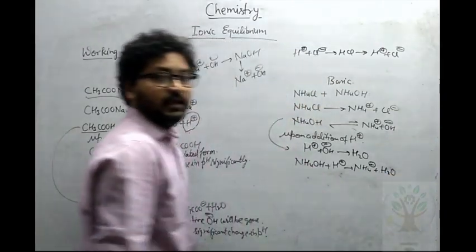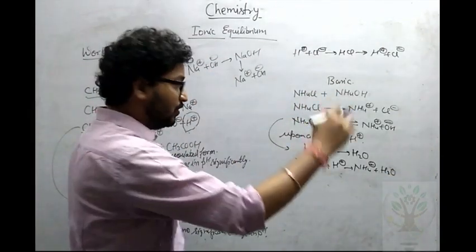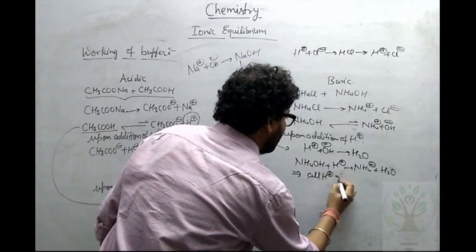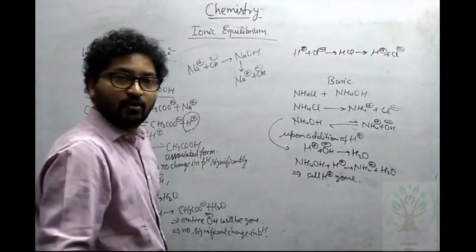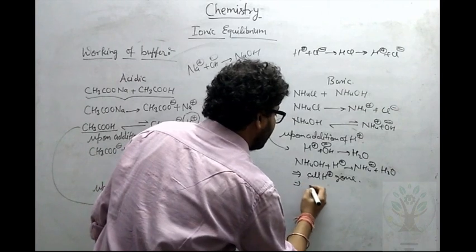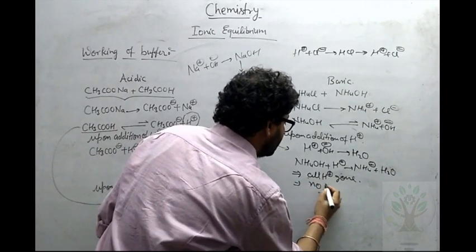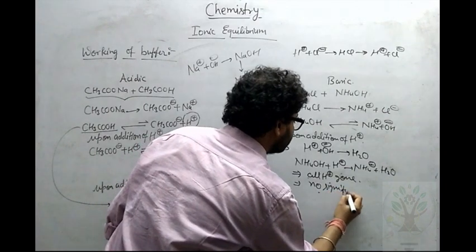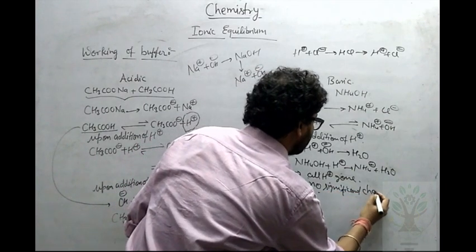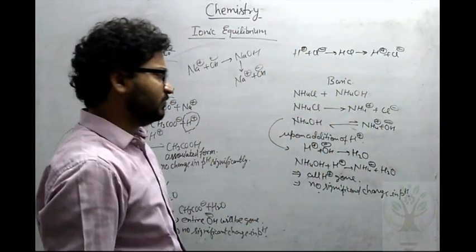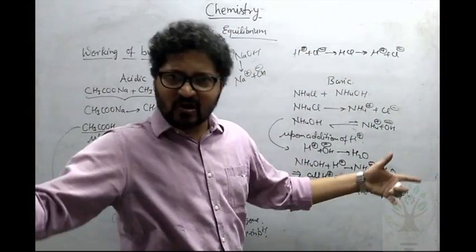I hope you can see whatever H plus you added is gone. All H plus gone means no significant change in pH will occur, because the entire H plus is gone.